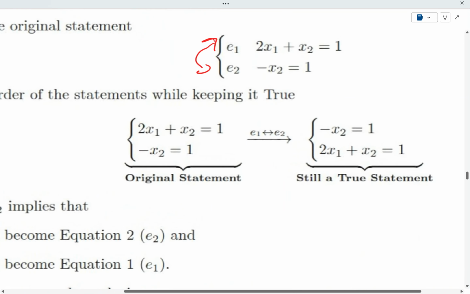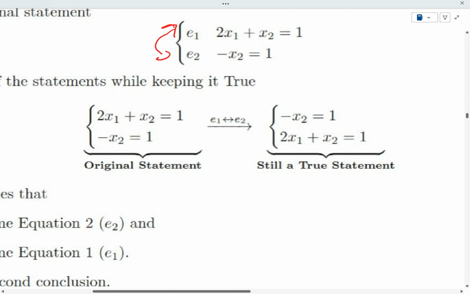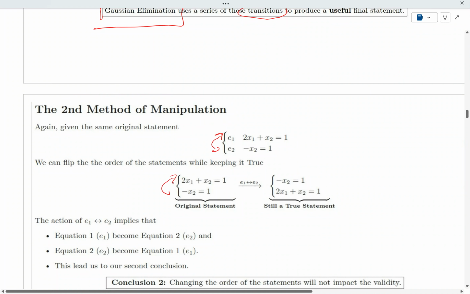The way we represent this action is that E1 and E2 essentially swap spots. So the second way of manipulation says that if you were to swap the order of the equations, notice how this went here and this went here, it's still a true statement.